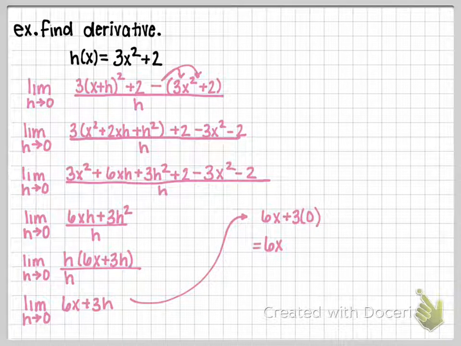Now, showing that that's my derivative, I can write it in 2 different ways. I could write h prime of x. That's said h prime of x. Or I can have dy dx equals 6x.